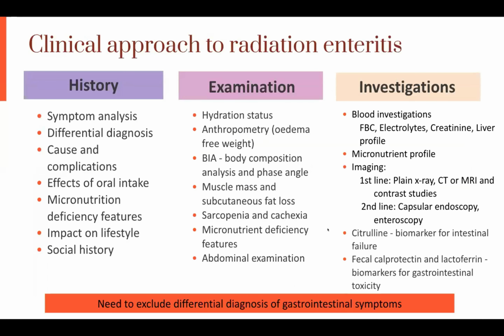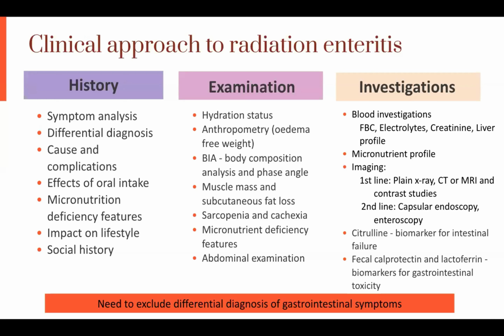So, how do we approach a patient? This is the bread and butter of all the clinical knowledge and the clinical workup we do: history, examination, investigation. So it is very important to identify radiation enteritis by your history, examination, and the few investigations that we have.